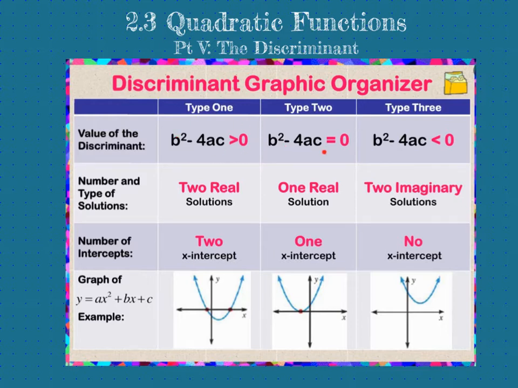So here, one situation is when our discriminant is positive. This is the situation that our discriminant equals 0. And this is the situation where our discriminant is negative.